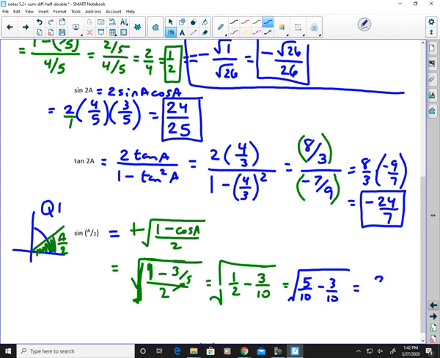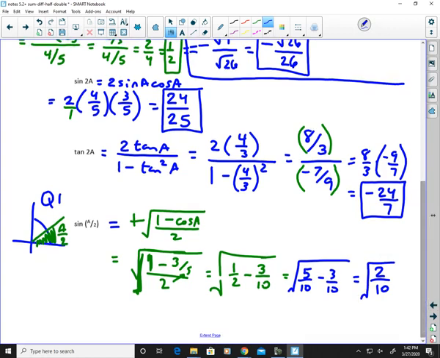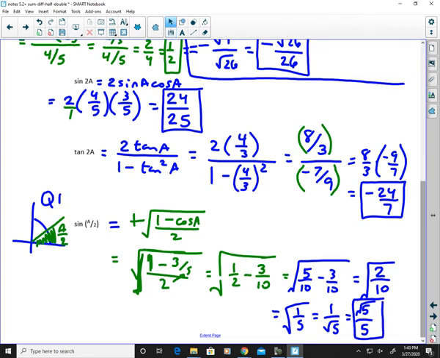So I get 2 over 10 under the square root. Can we reduce 2 over 10? Yes. It is the square root of 1 over 5, 1 over root 5, which rationalized is root 5 over 5. So that one is rationalized.